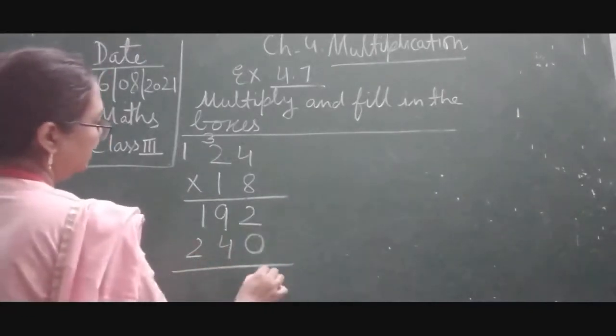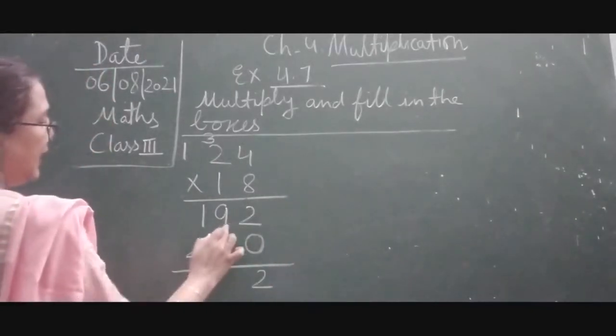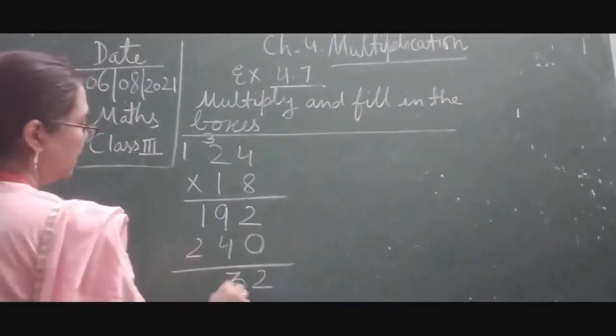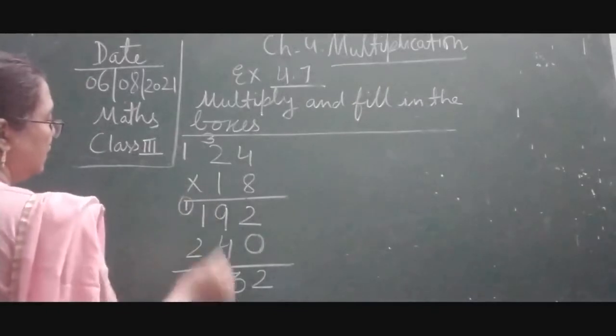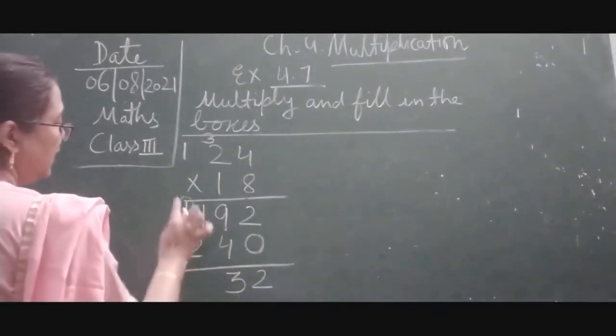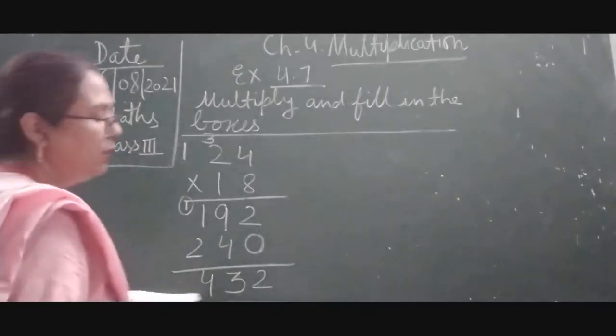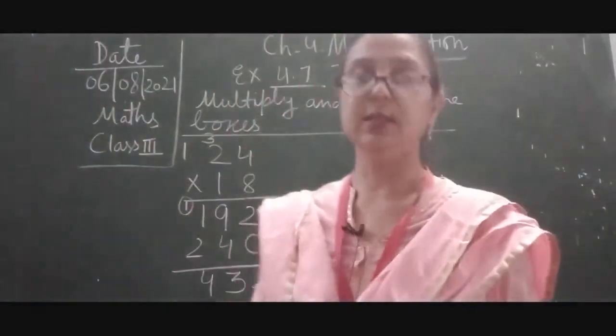Okay, so here 2 will be the answer. 9 plus 4, 10, 11, 12, 13. 13, 1 will be carry over, 2 and 1 is 3 and 1 is 4. So the answer we will get is 432.